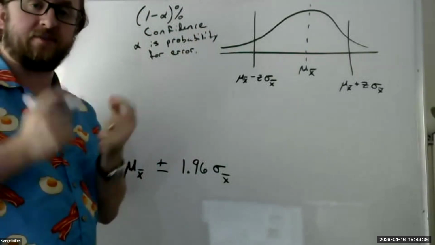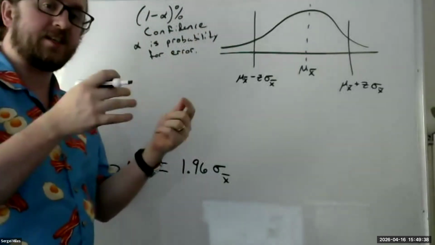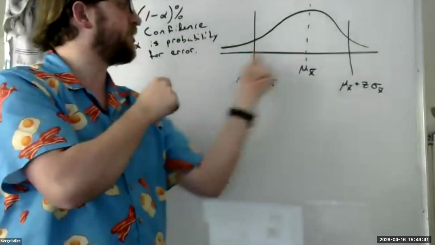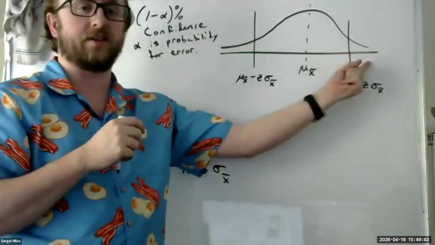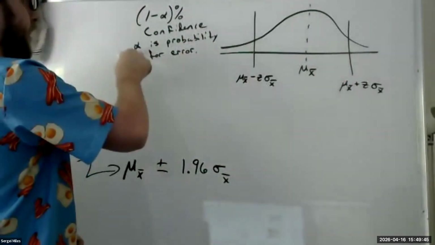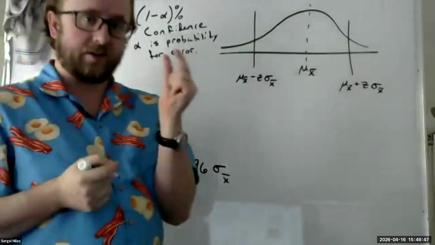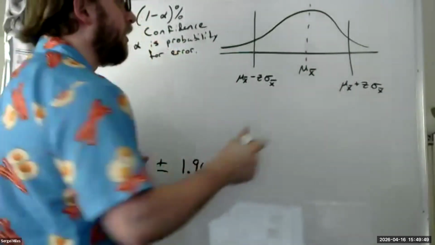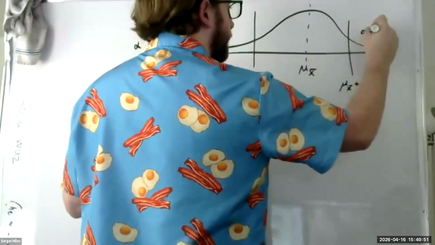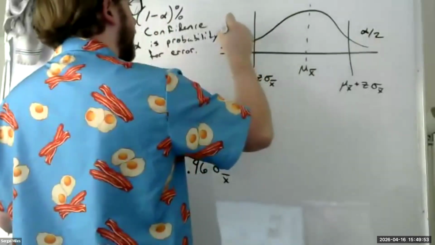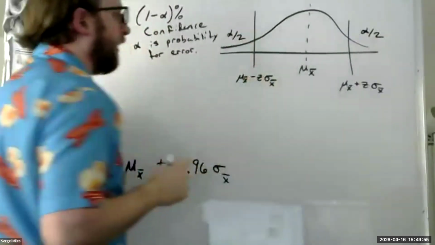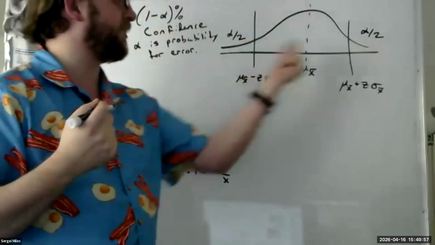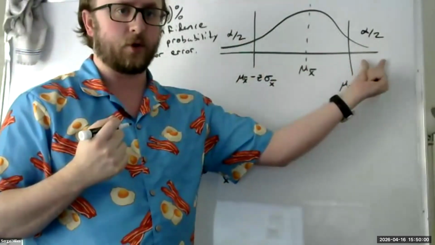In other words, alpha was 5%. There was a 5% chance that the true average was actually somewhere out here far away in one of the tails. So whatever alpha is, ideally we want that chance for error to be small, but half of the alpha is to the right, and half of that alpha is to the left, since the true average could be in the left tail or the right tail, okay?